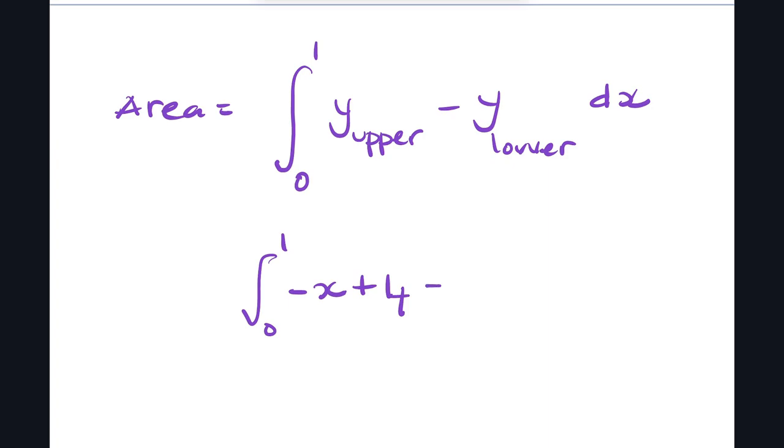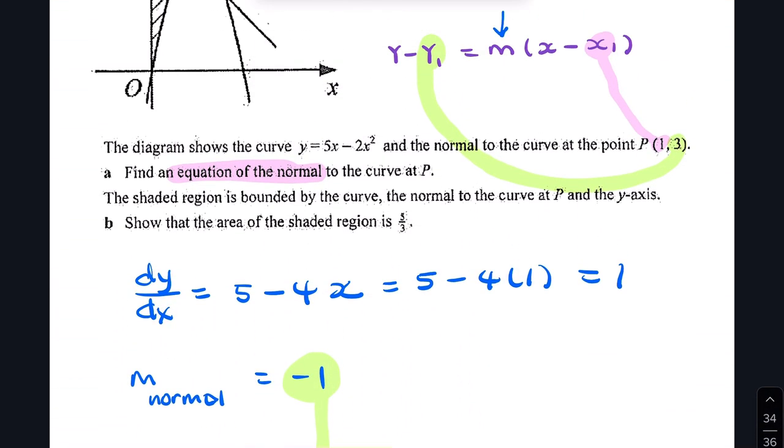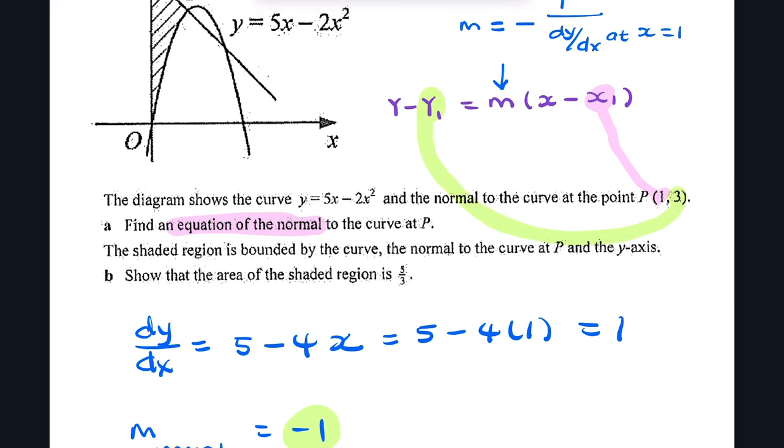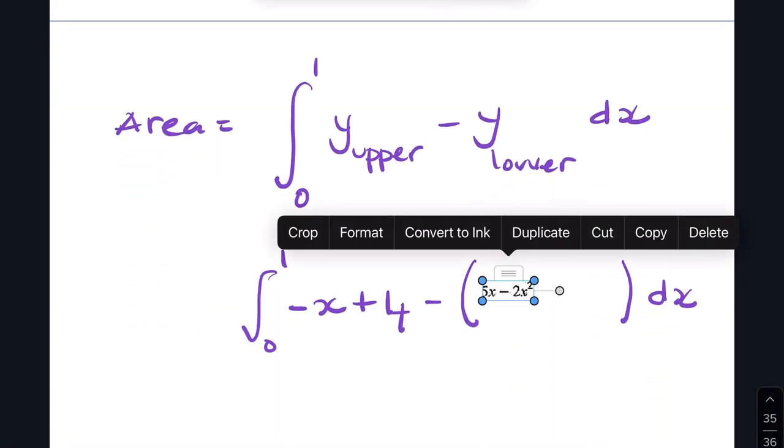So I'm going to put a minus sign and brackets, dx. Now the brackets are necessary because we have the minus sign. And in the brackets, I will put the equation of my parabola. So I'll put that in there.